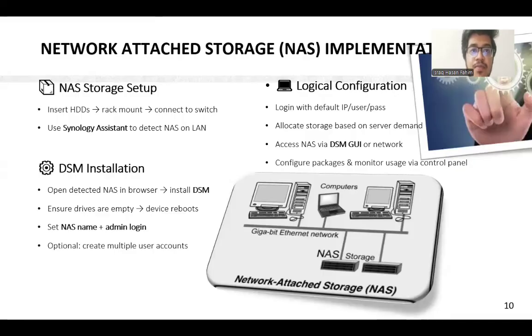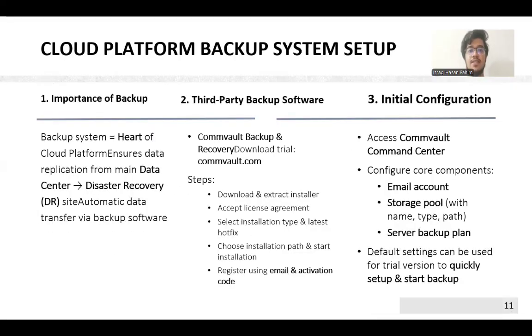Moving on to the next slide, the cloud platform backup system. The backup system is the heart of the cloud platform because it ensures data replication from the main data center to the disaster recovery site using tools like Veeam backup and recovery.